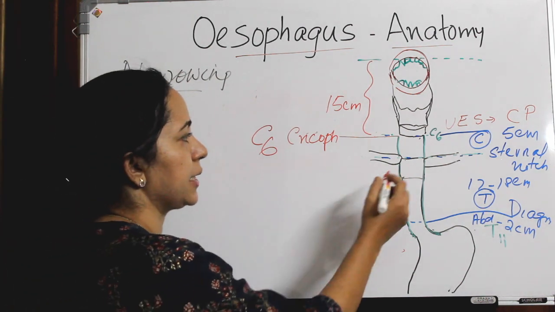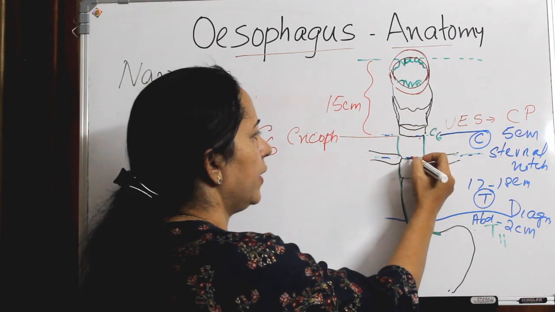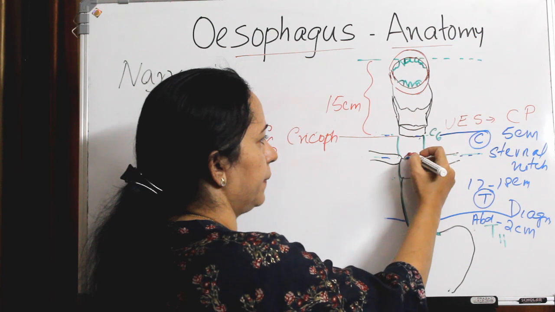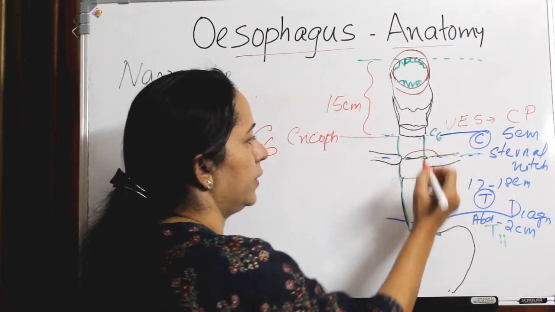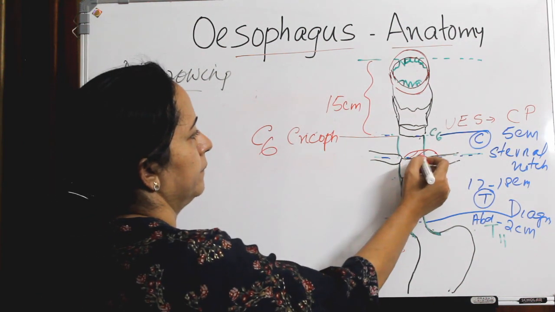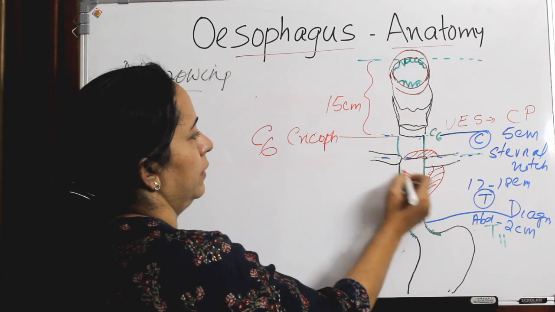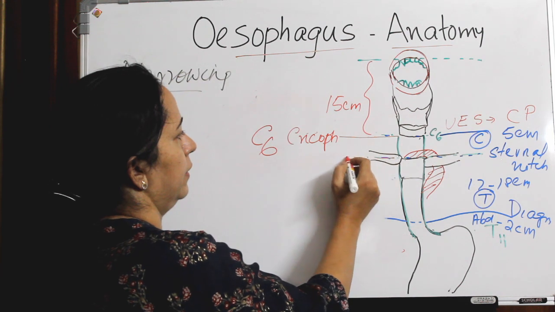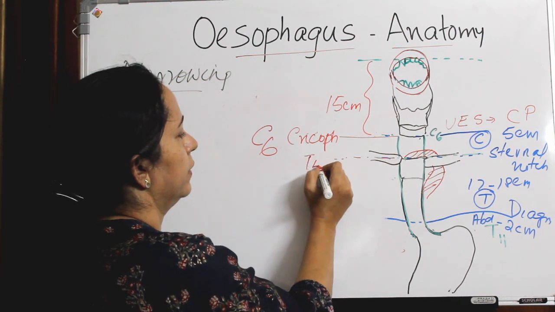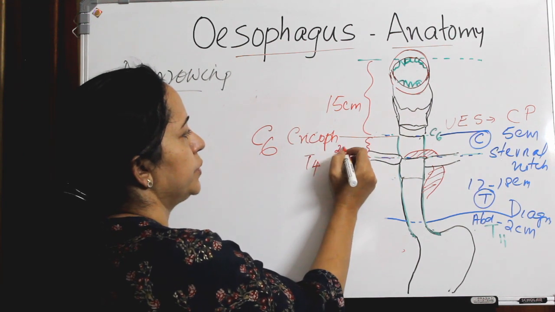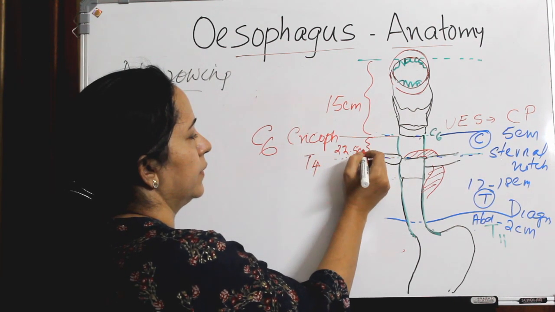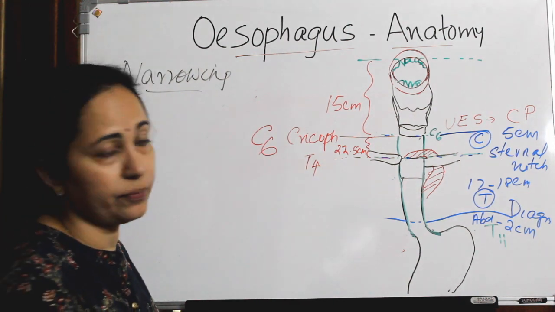And the second is where it is crossed by the arch of the aorta. That is at T4, around 22.5, roughly you can take it as 25 centimeters.